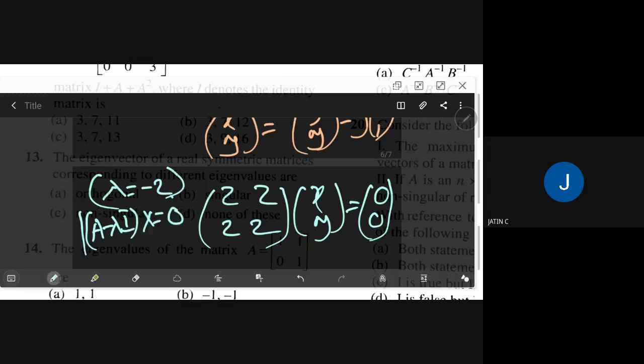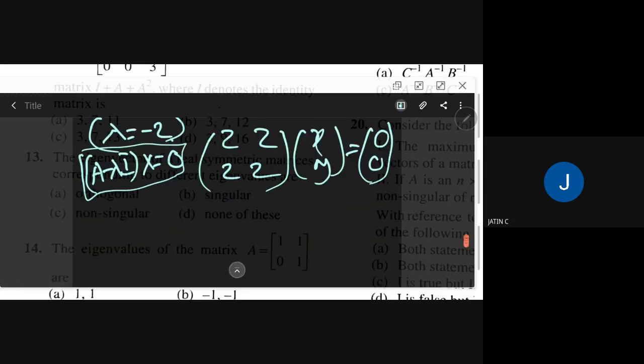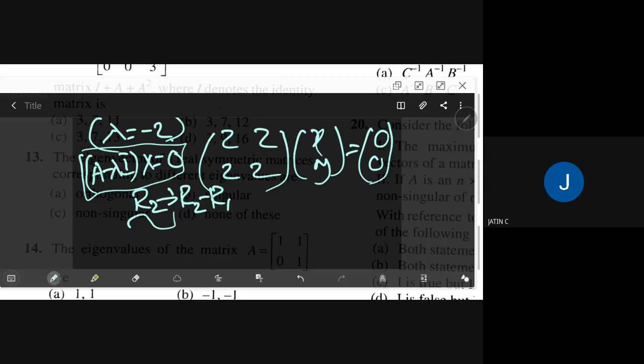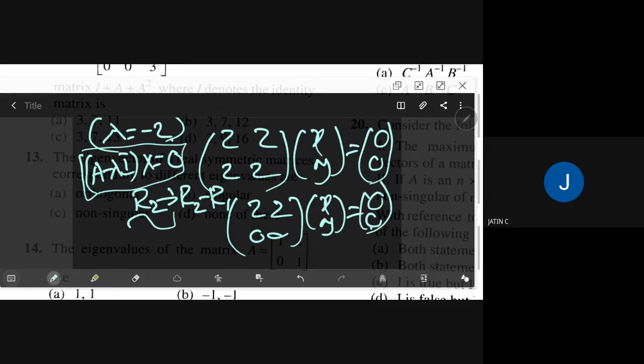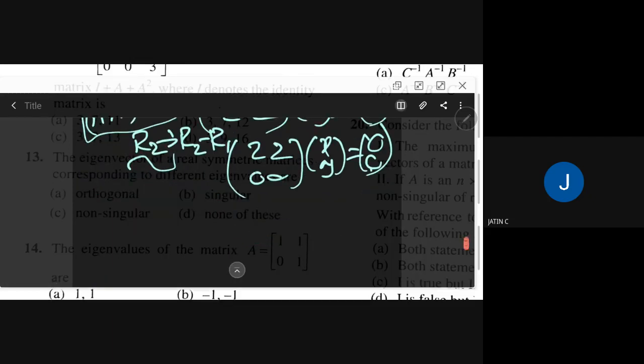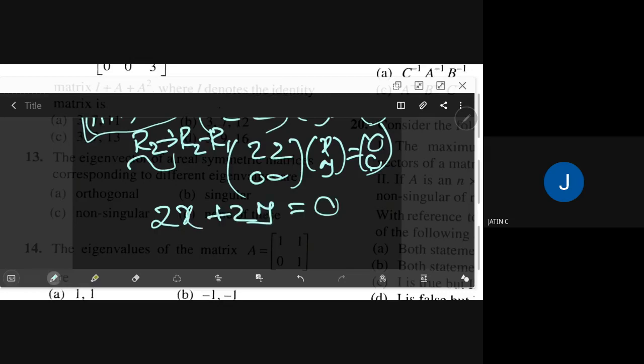This you have to solve always. Applying the row operation R2 minus R1, you have 2 2 0 0 xy equal to 0 0. You are left with only one equation, 2x plus 2y is 0, so x is equal to minus y.